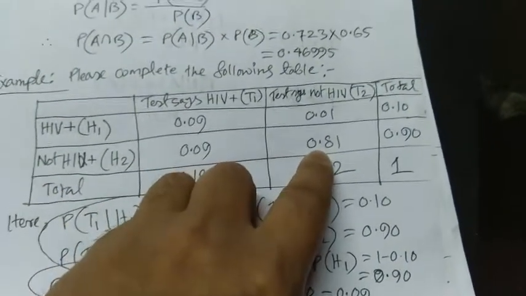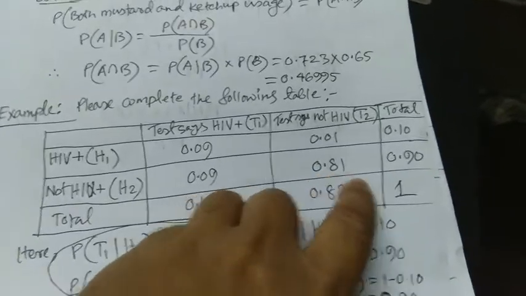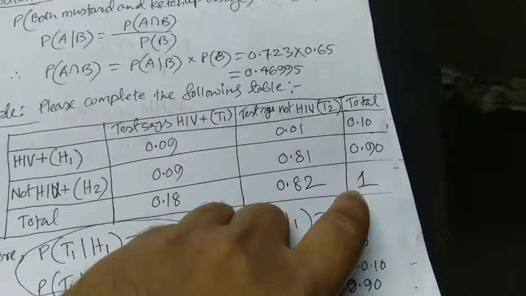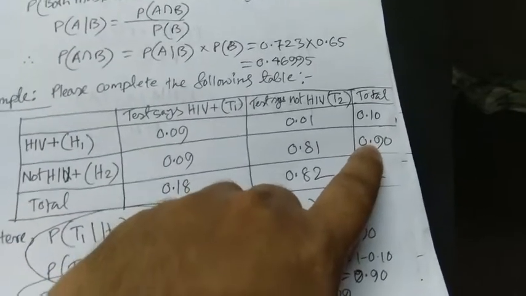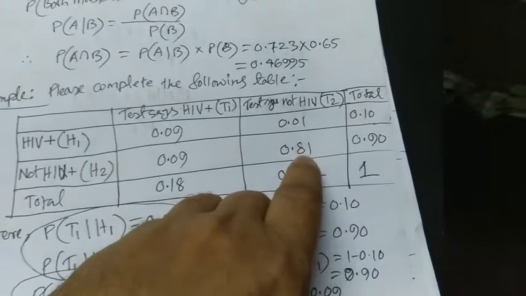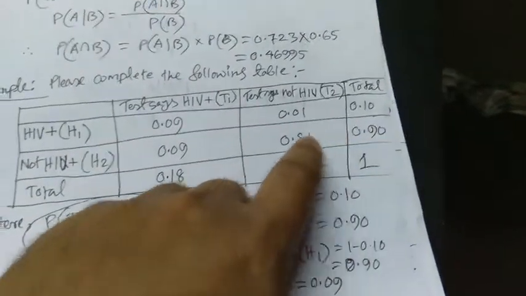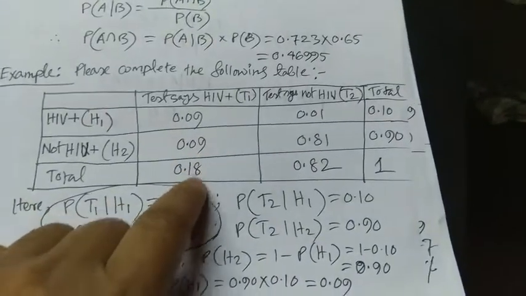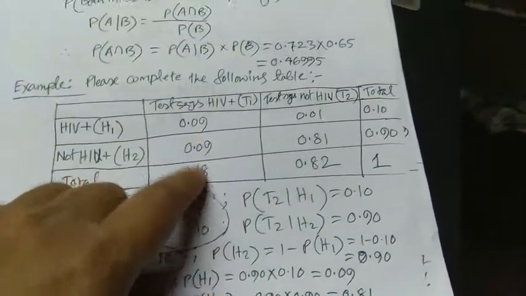There is 0.81. So we already know total is 1, so if this one is 0.1, this one should be 0.90, and again if this one is 0.81 and this one is 0.90, obviously this one should be 0.90 minus 0.81, so 0.09.